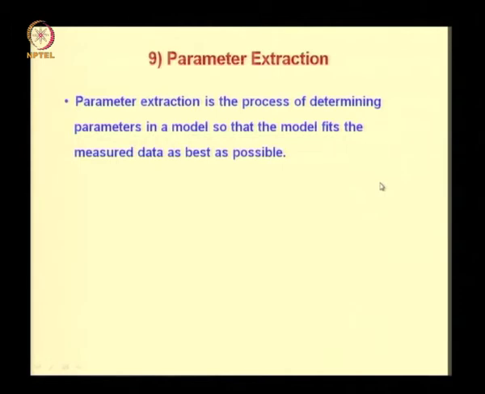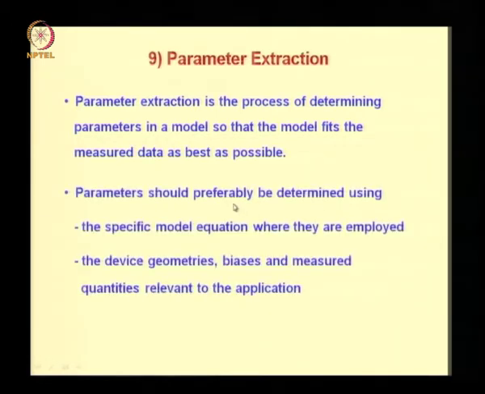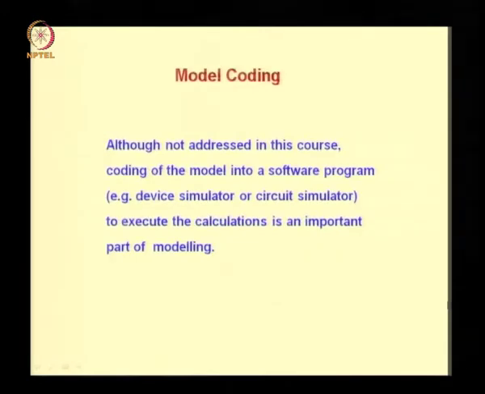Here the important thing to be borne in mind is that the parameters should be determined using the specific model equation where they are employed and using device geometries, biases and measured quantities relevant to the application. Finally, although not addressed in this course, coding of the model into a software program such as a device simulator or circuit simulator to execute the calculations is an important part of modeling.